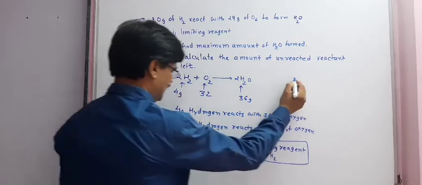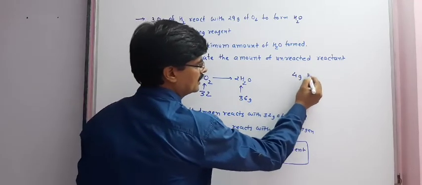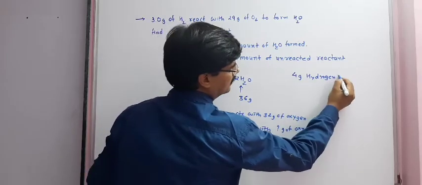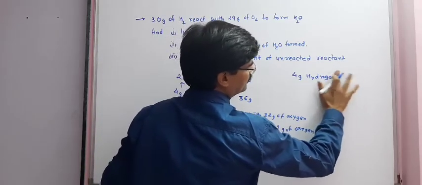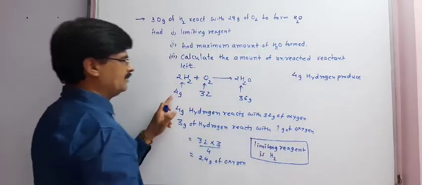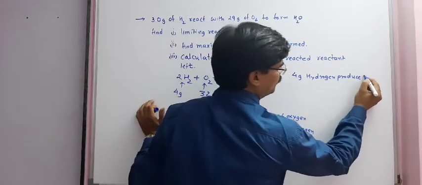So again we can write: 4 gram hydrogen produces 36 gram of water.